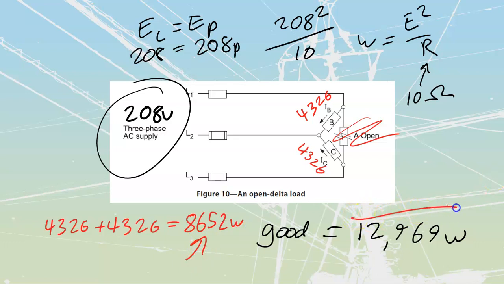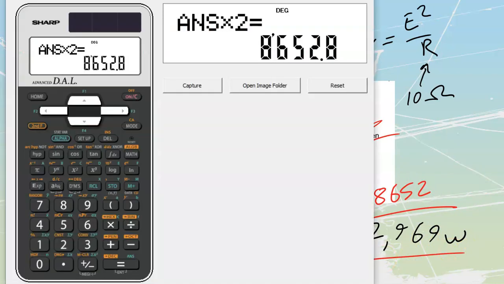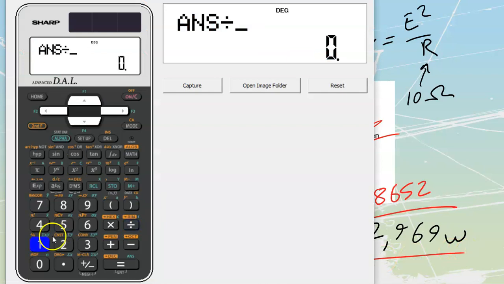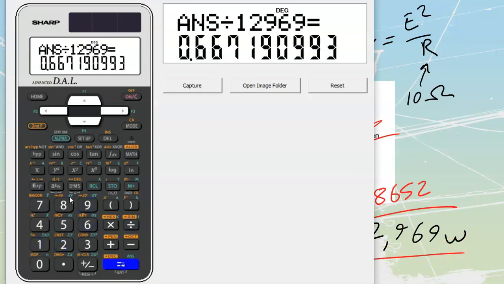Is that a percentage? You bet it's a percentage. 8,652, what I'm getting underneath this open load on my delta over top of my original, we can calculate that. Divide it by 12969 equals 0.667.